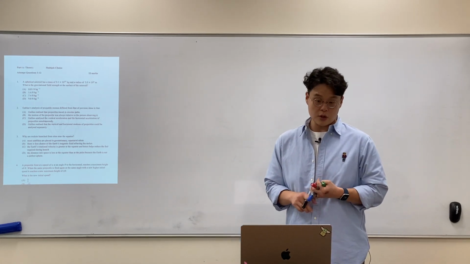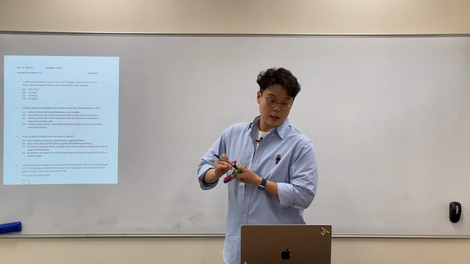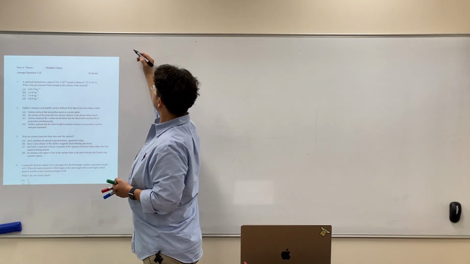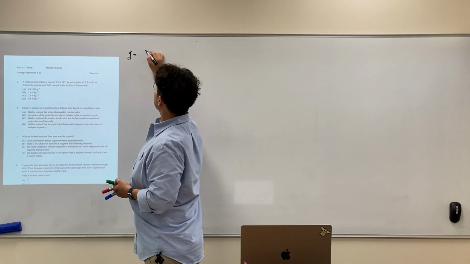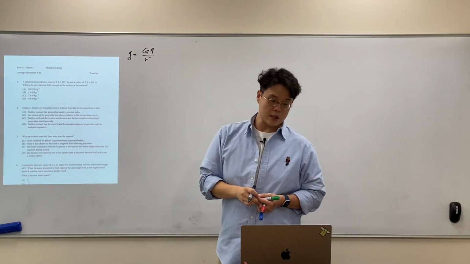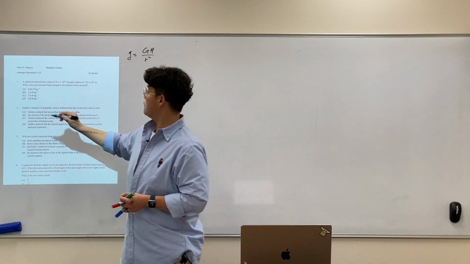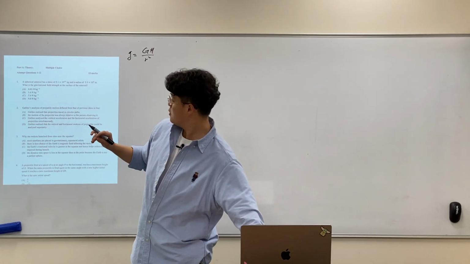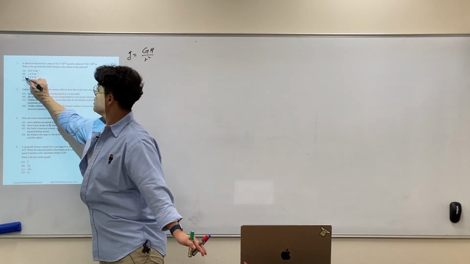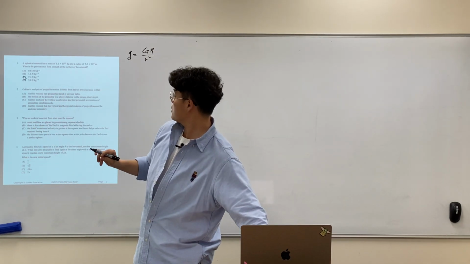So you simply need to use g equals GM over r squared. Substituting the values in, you will get the answer. That is C for question 1. So easy question, don't lose any marks for these types of questions.